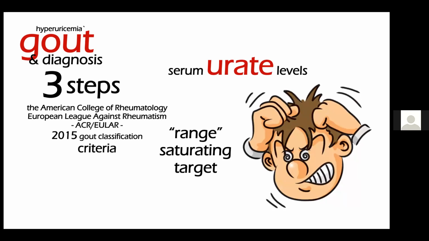And we need to remember that every time we talk about uric acid levels, there is what is considered to be a normal range that we get from the lab. There is also what we need to remember, what is needed or required for the crystal to be formed.